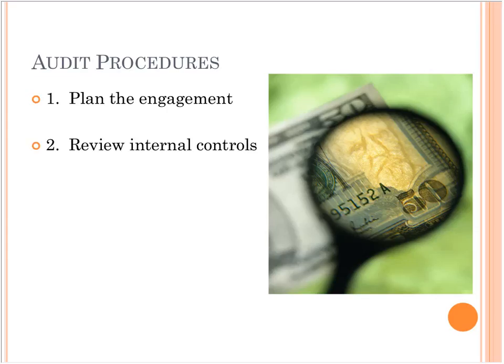The second phase is to review the internal controls. In a single audit, as well as a financial statement audit and a Yellow Book audit, the first step that the auditor must do is review the policies and procedures that are in place that make up the internal controls of that organization.